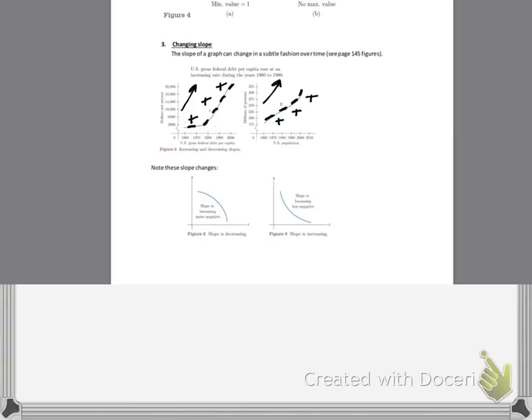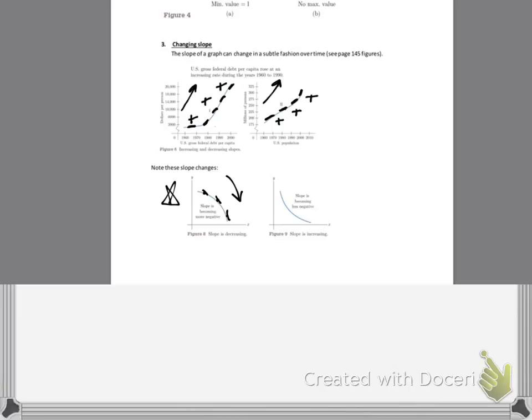Places that you have slope always decreasing would be right here. The slope is negative, and it's becoming more and more negative, so therefore the slope is always decreasing. Okay, the function's decreasing, and this slope in this specific case is also always decreasing.